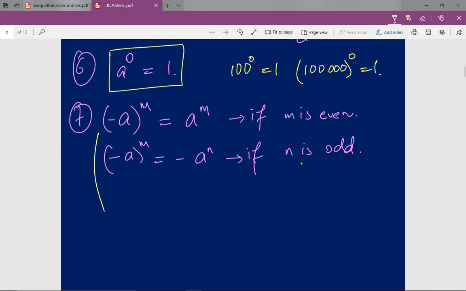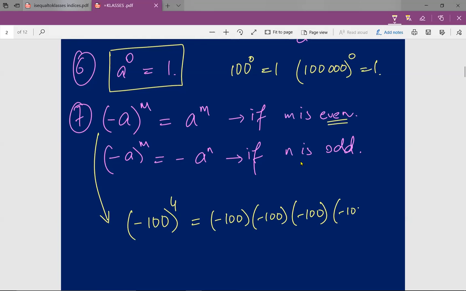Let us understand this with an example again. So I have minus 100, and minus 100 raised to power m where m is even. So minus 100 raised to power, let us say 4, will be equal to minus 100 into minus 100 into minus 100 into minus 100.